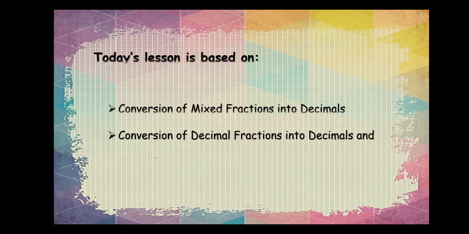Our today's lesson is based on the conversion of mixed fractions into decimals and the conversion of decimal fractions into decimals and mixed fractions. So first of all, we shall learn about the conversion of mixed fractions into decimals. To convert a mixed fraction into a decimal, we use two methods.